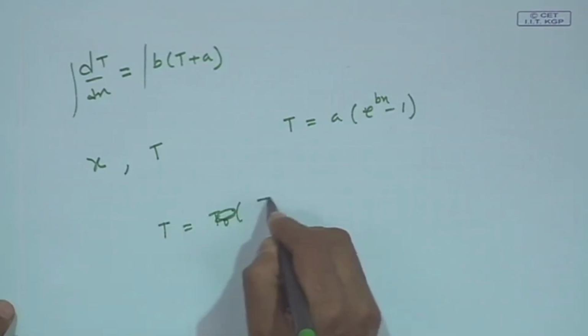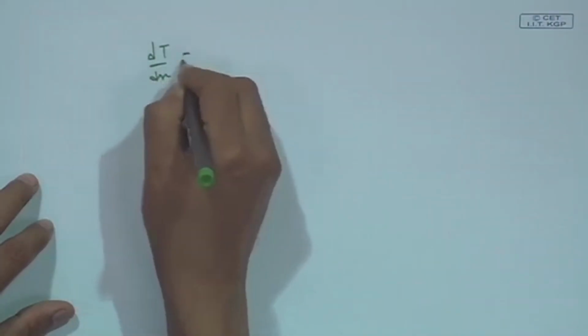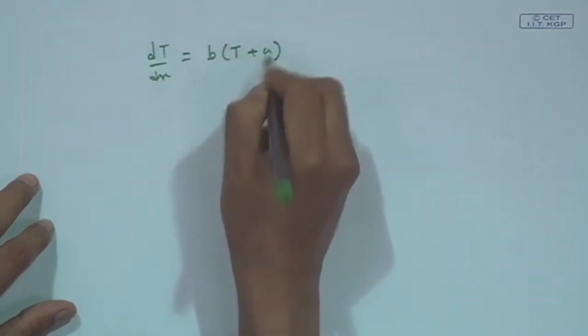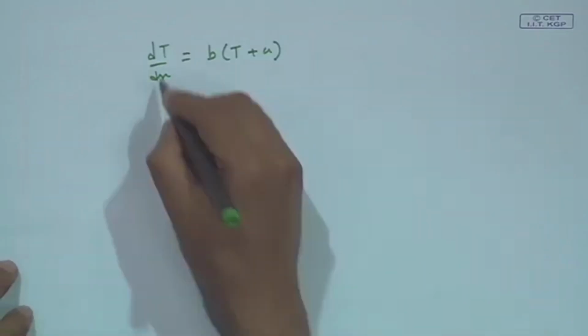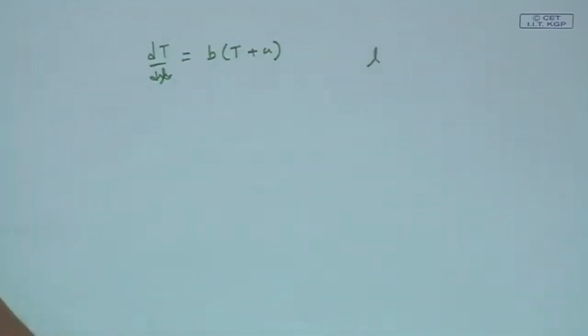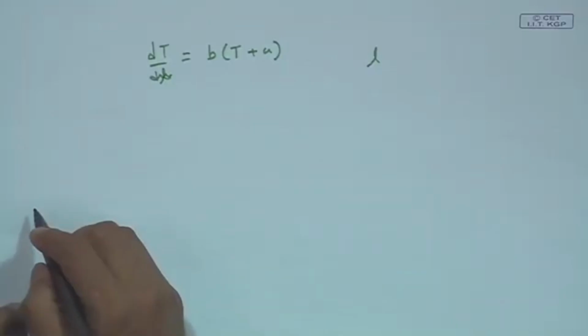So, dT/dx is equal to b into T plus a, where T is the tension, and instead of x I can put L, L is the length of the vocal cord, T is the tension and a is the stiffness at T equal to 0. Okay.